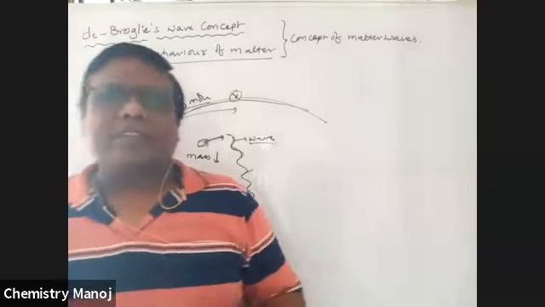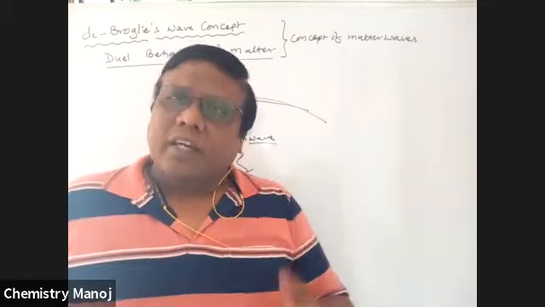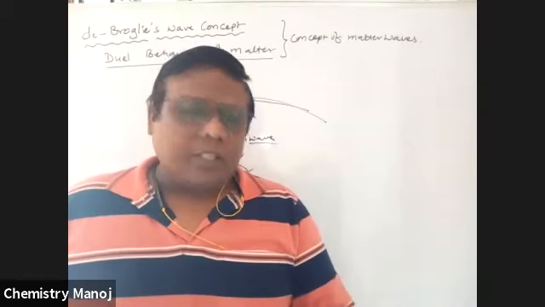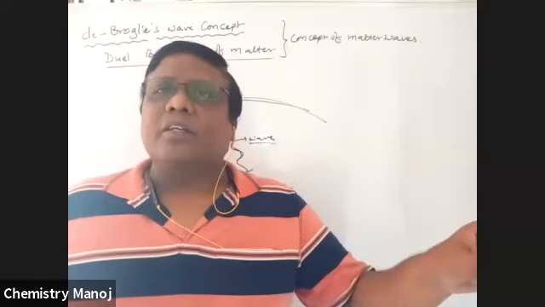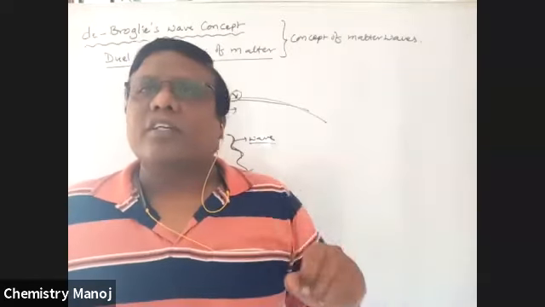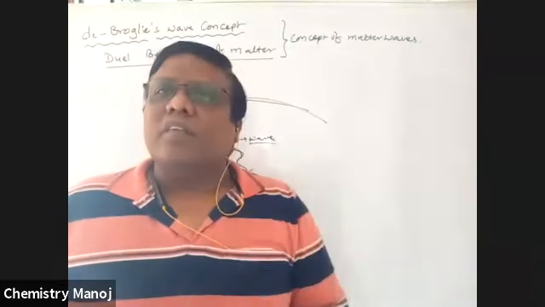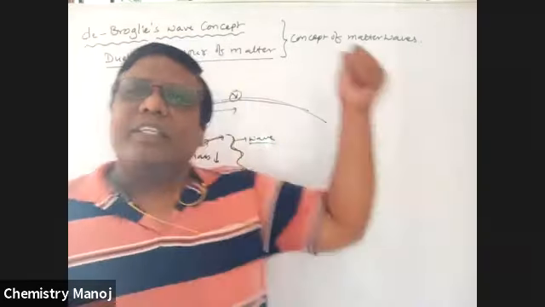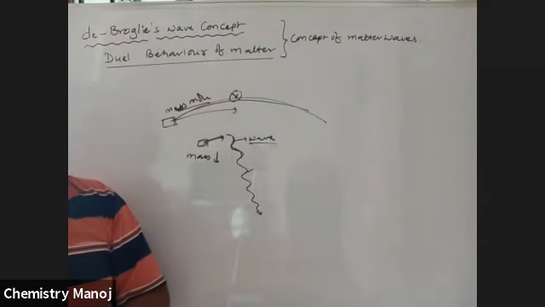Does the electron have mass or not? Yes, we calculated it: 9.1 × 10^-31. It has a certain mass, and a species having certain mass is called a particle. It is in motion, so that motion has wave nature. That means the electron has both particle nature as well as wave nature. That was clearly explained by De Broglie's wave theory.